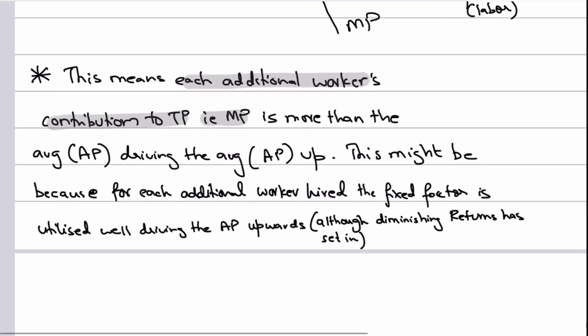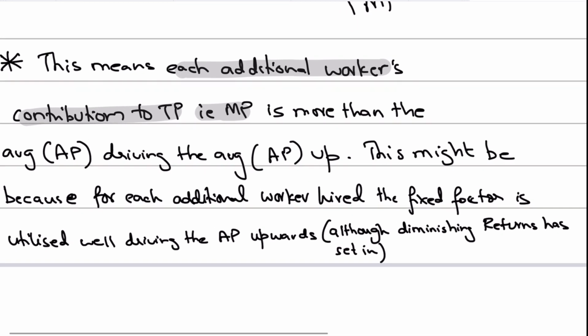So the reason why the sixth worker's marginal product is more than the average of the 5 workers, or the marginal product because of hiring the seventh worker is more than the average of the six workers, is because the moment you hire the sixth worker or the seventh worker, the fixed factor is utilized well.